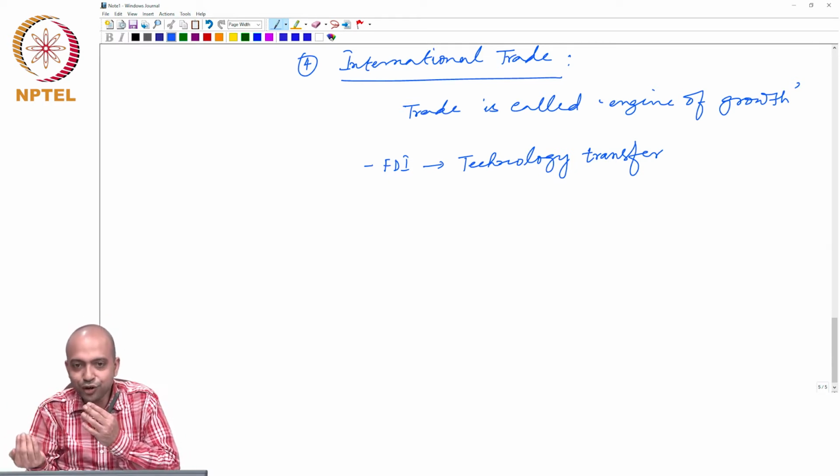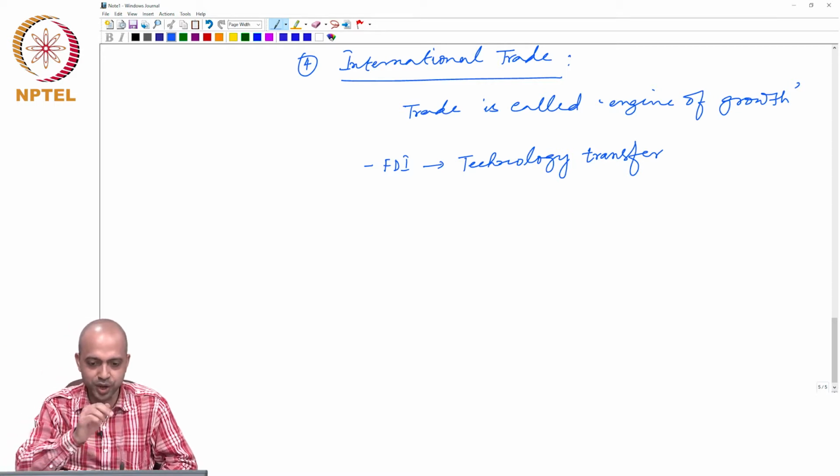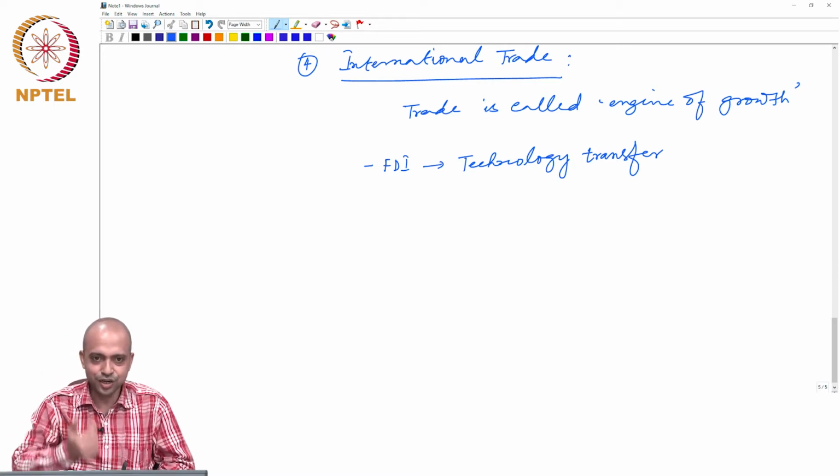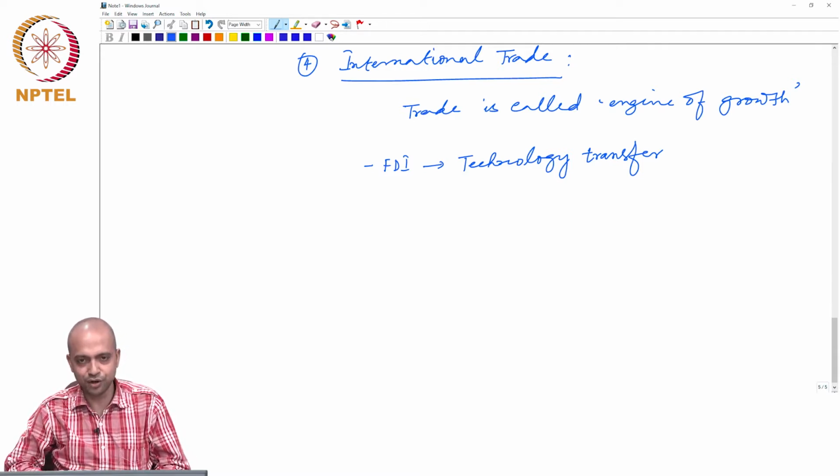So technology transfer happens from developed nations to the developing nations through FDI, as a result of which the pollution level of these developing economies improves. Okay? So FDI, or more specifically technology transfer through international trade, can explain how at a higher level of income pollution per capita comes down for these developing nations, right.